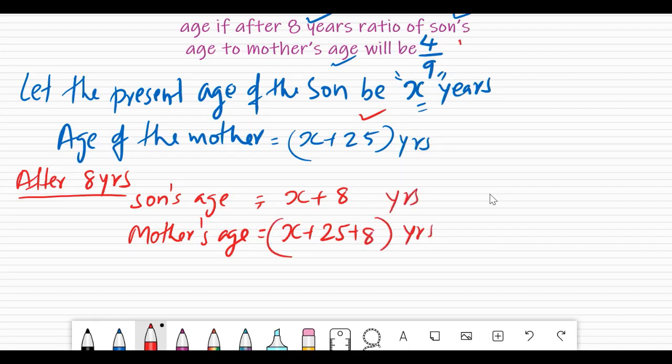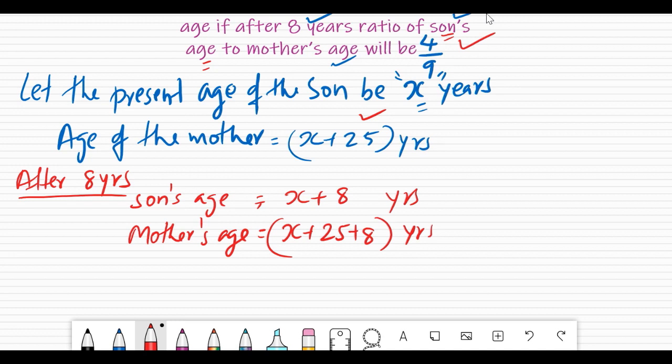And what is given is the ratio will be 4/9 after 8 years. So from this information, if you convert this into ratio such that son's age to mother's age, that is what is given. So if we write son's age upon mother's age, we have to write it as 4/9.